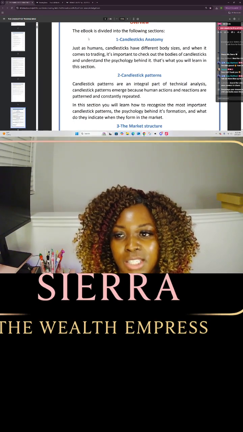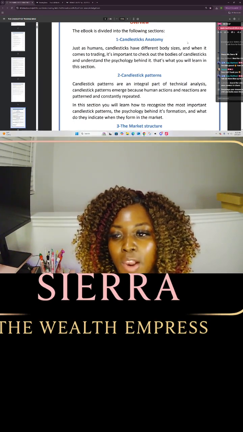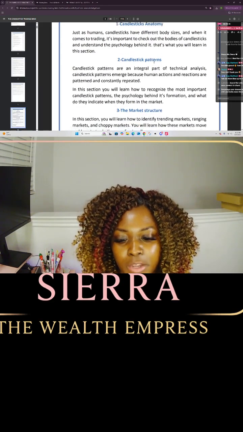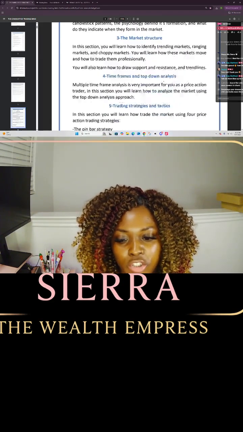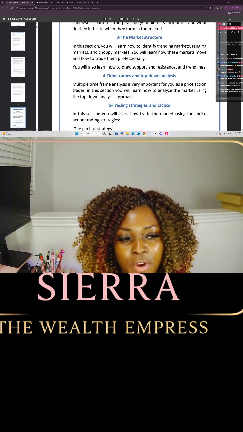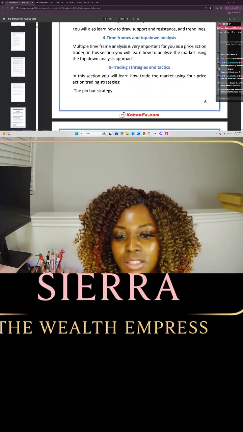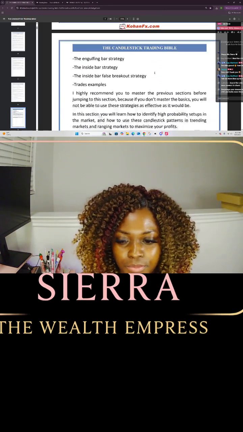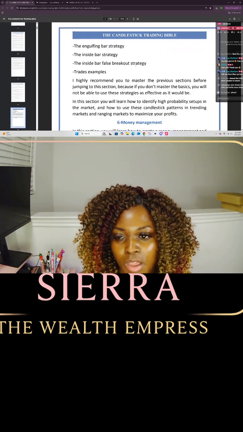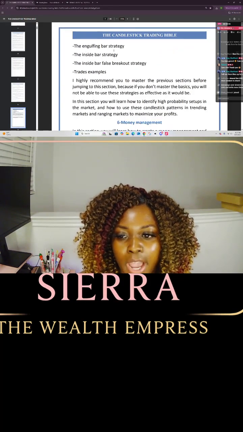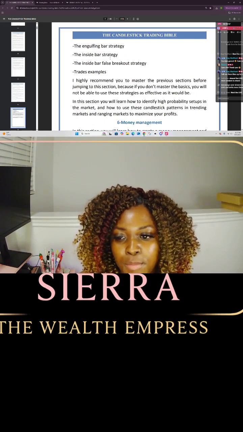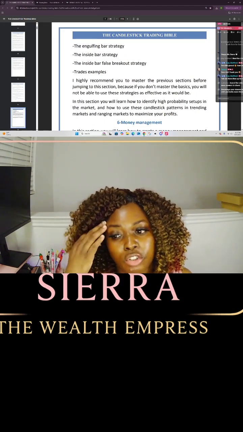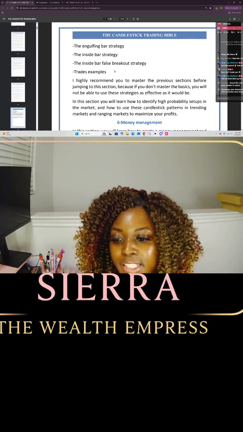It says the ebook is divided into the following sections: candlestick anatomy, candlestick patterns, market structure, time frames and top-down analysis, and trading strategies and tactics, okay? The engulfing bar strategy, the inside bar strategy, the inside bar false breakout strategy, trade examples.